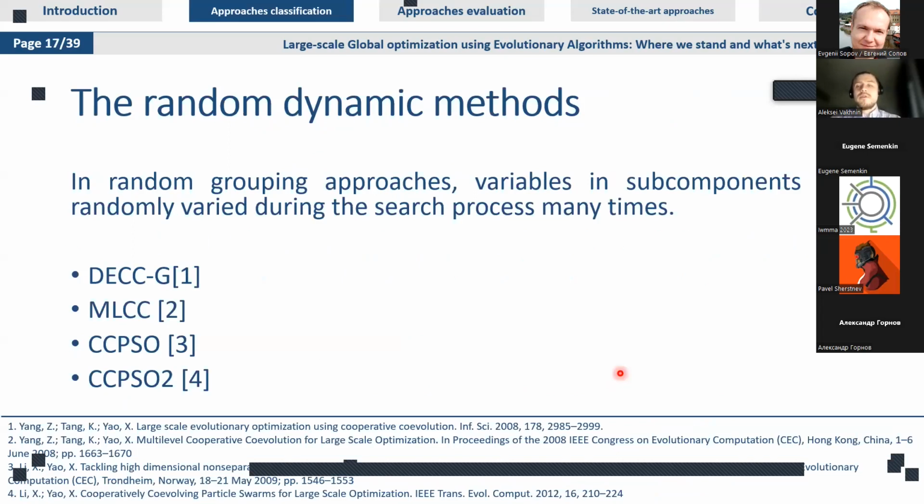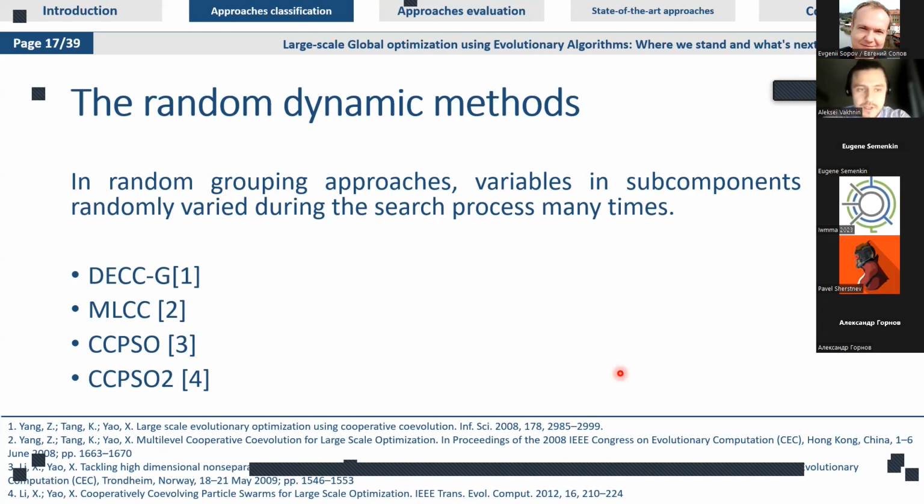Random dynamic methods are quite close to static grouping, but the main difference is that after some predefined number of fitness evaluations, we have to mix variables in subcomponents, reset the parameters of the algorithm, and just continue the optimization process.